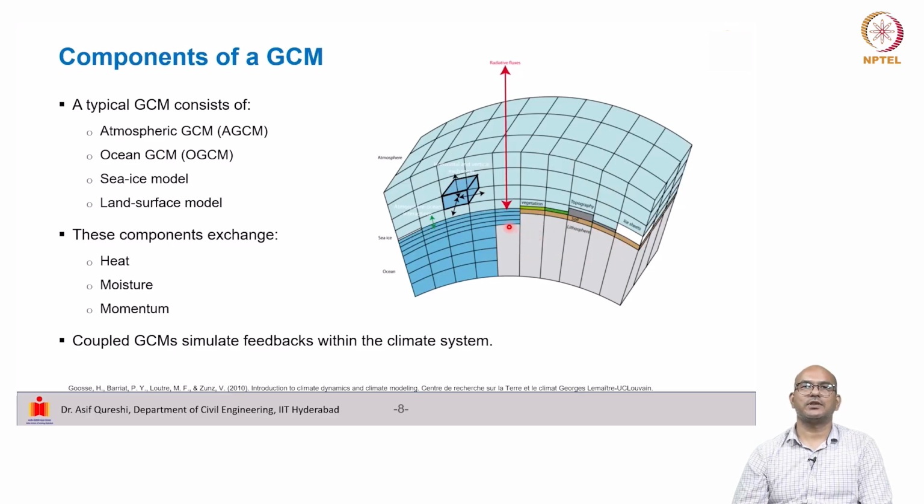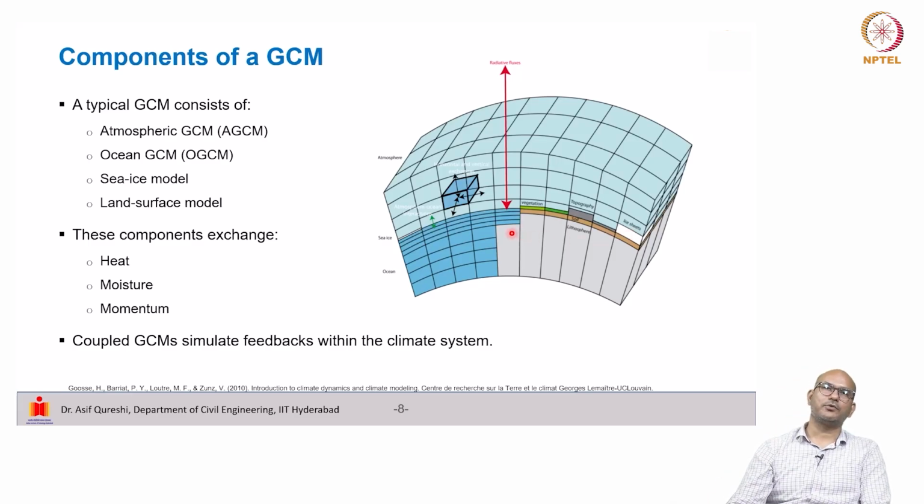As we go towards the ocean, we have the oceans. Now, lithosphere we do not need to resolve in different layers. We may have an active soil layer and then lithosphere, and we have vegetation above this active soil layer. Sometimes we have topography, mountains or such kind of landforms, and we have ice sheets over the land.